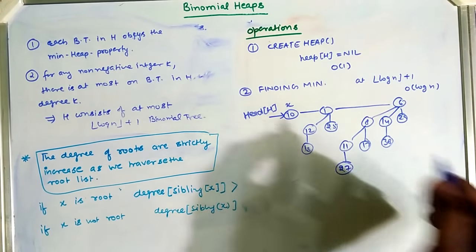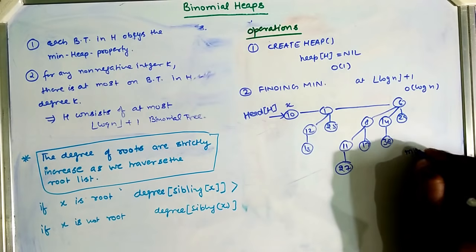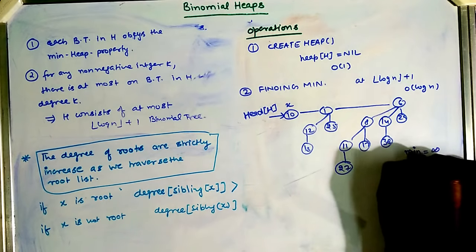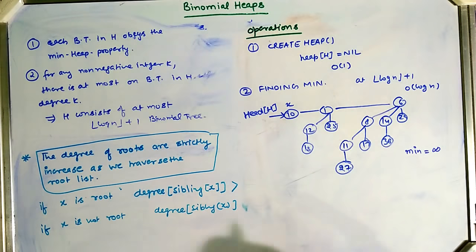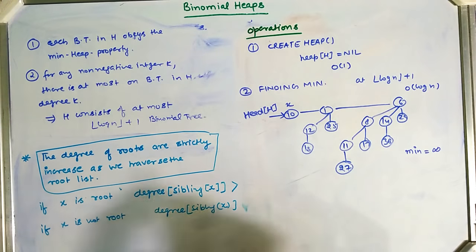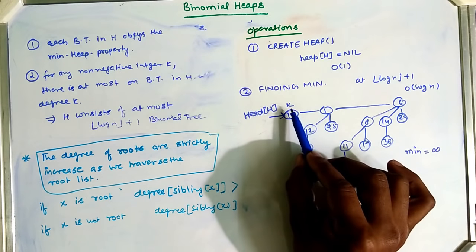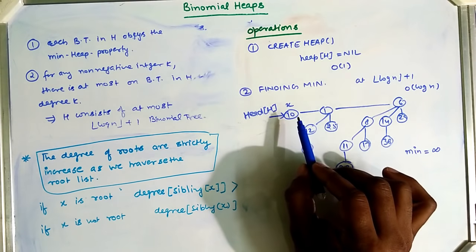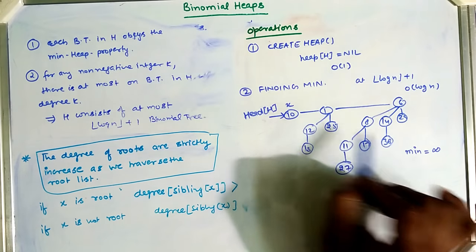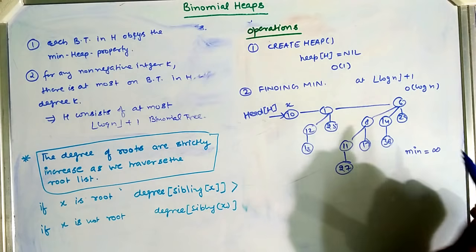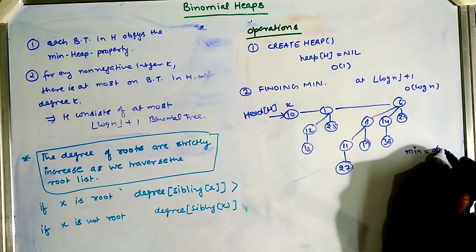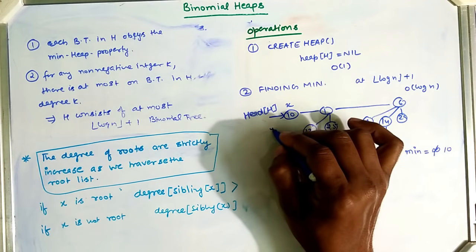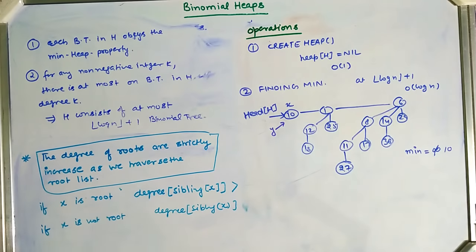So how we traverse: we take an auxiliary variable min, in which we put infinity. We execute while x is not equal to nil, and we check whether the key of x is less than min. The first time, the key of x is less than min, yes, so we replace min with the key of x and assign a pointer to this node.